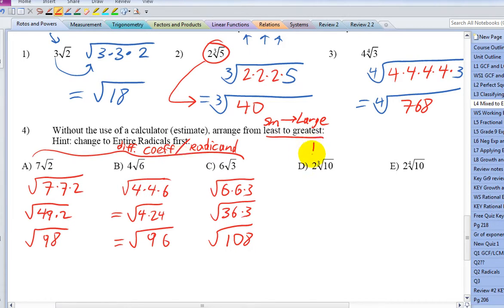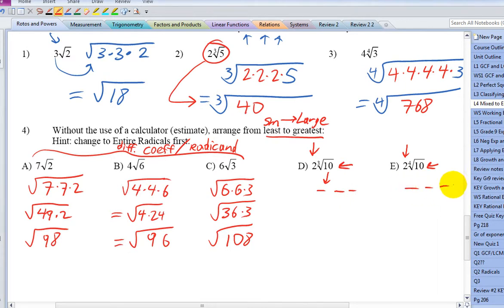But look at D and E. D and E have the same coefficient and the same radicand. But the index is different. Which one's bigger, D or E? Well, this one is going to be simplifying into 3 numbers that multiply to 10.